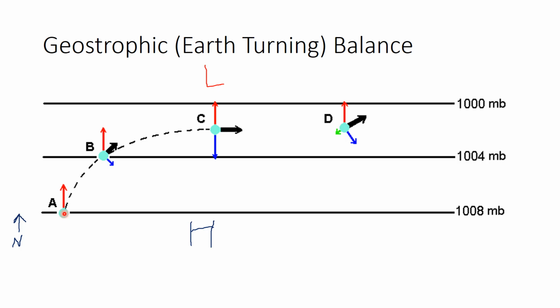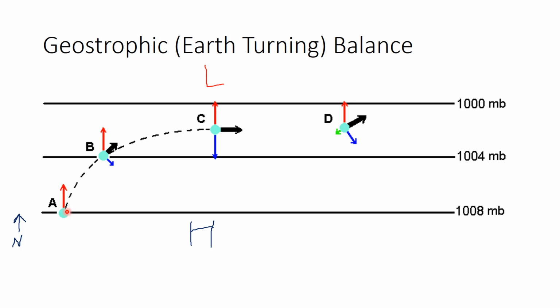Here's what happens. Suppose I let go of this parcel of air. Because of the pressure gradient force, and because there is this striving for equilibrium in the natural system, the particle of air will begin to accelerate towards lower pressure. Again, that's the pressure gradient force. As it's accelerating, its speed is increasing, and as its speed is increasing, it begins to feel a deflection to the right caused by the Coriolis force.